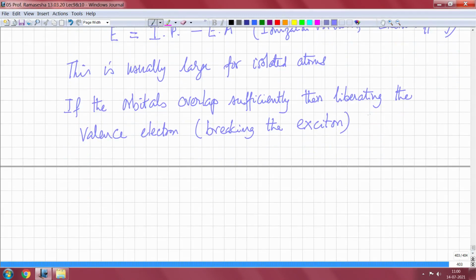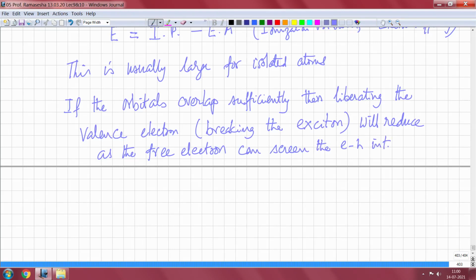So, this will reduce as the free electron will screen the interactions. That is, a liberated electron can screen the electron hole interaction, that is the sodium plus and electron interaction, and weaken the exciton binding energy.